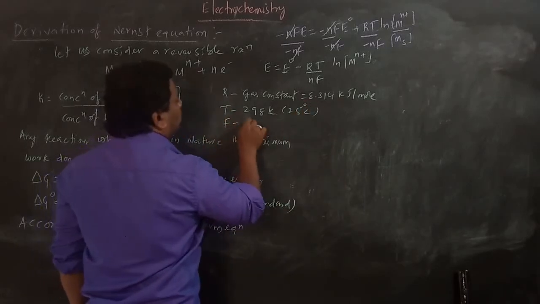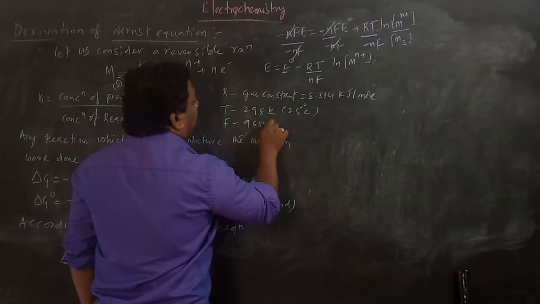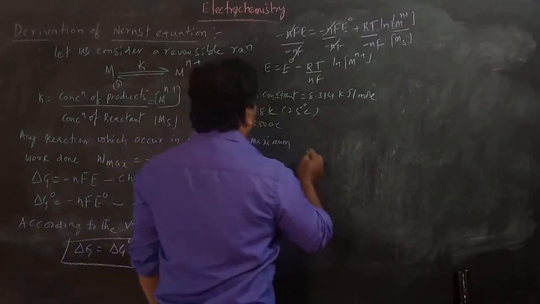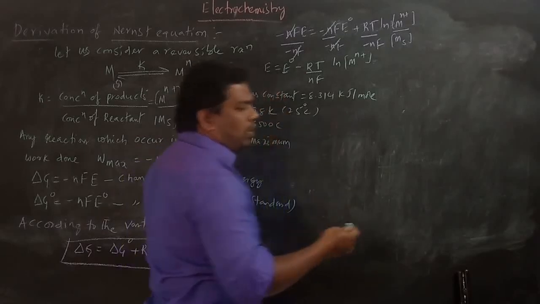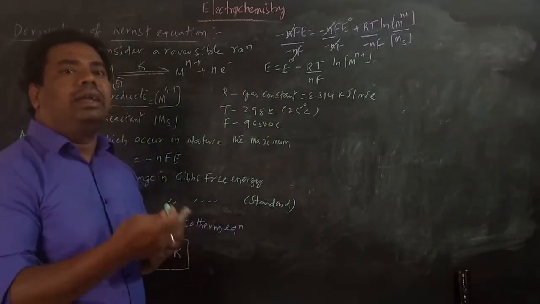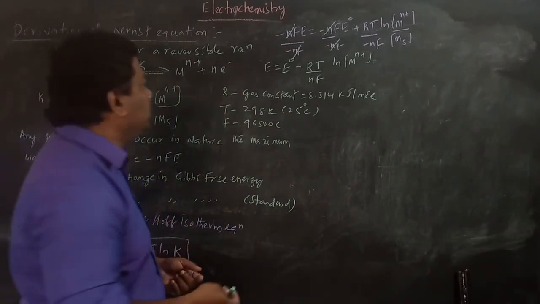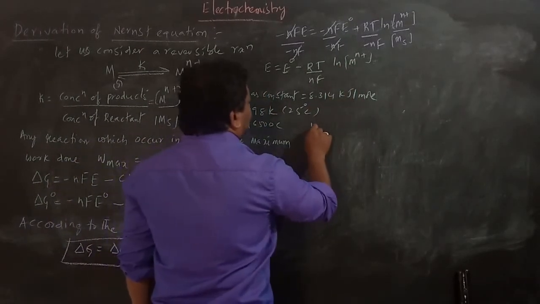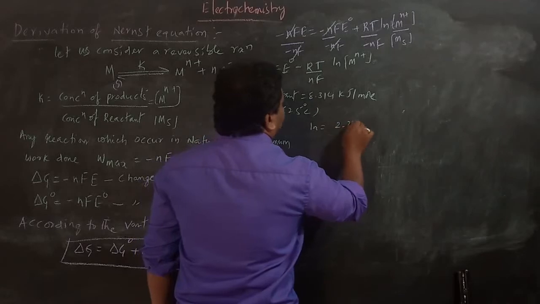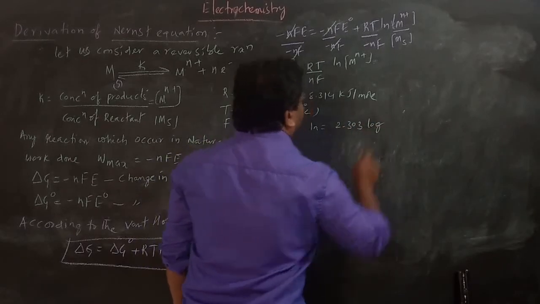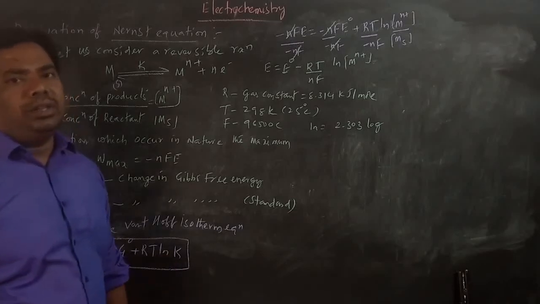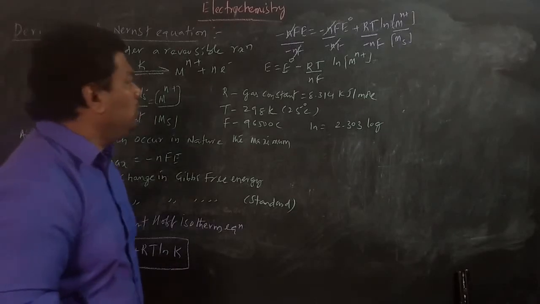F is equal to 96,500 coulomb. n is the number of electrons lost or gained in the redox reaction. Here in place of ln we will substitute 2.303 into log.